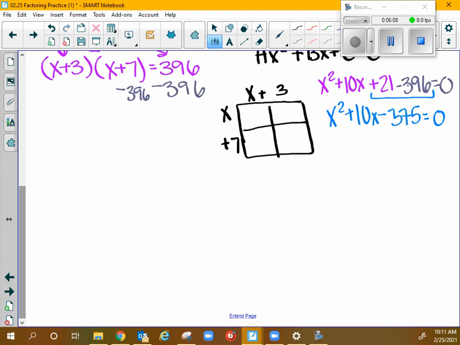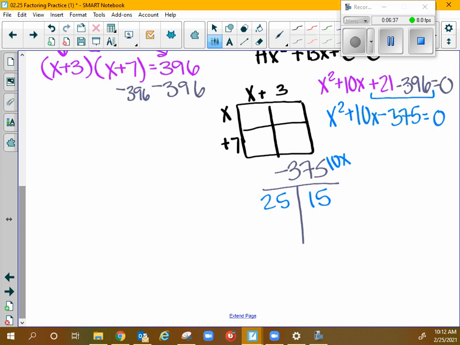If a is 1, I need factors of negative 375 that have a sum of 10. And I'm going to use the area model. Negative 375, I told you the numbers are not always that nice. 15 and 25.